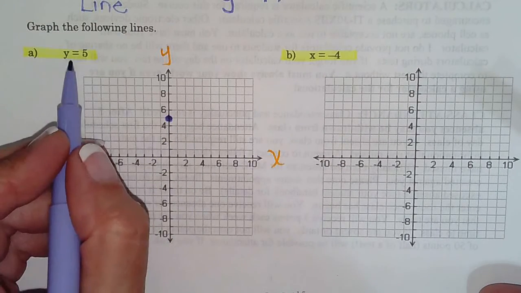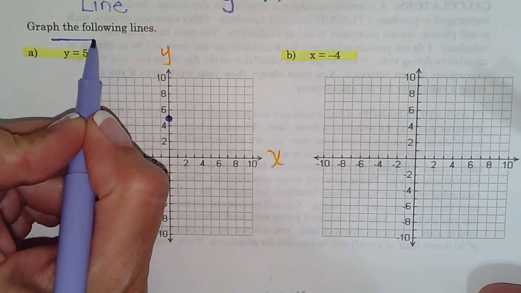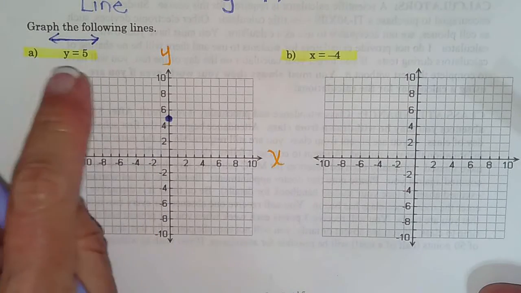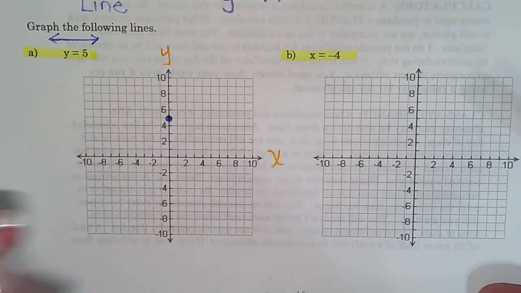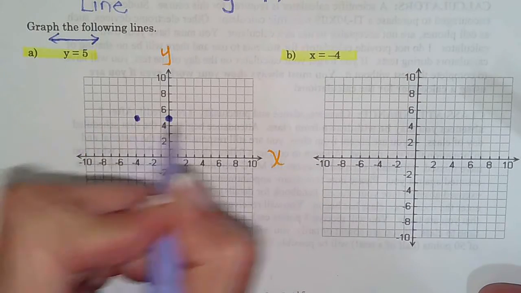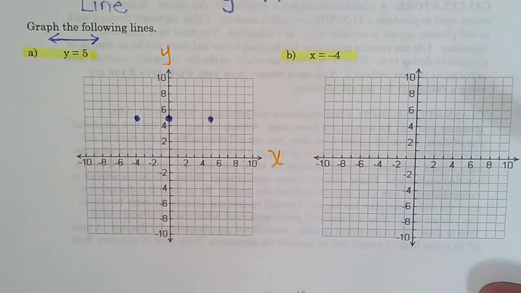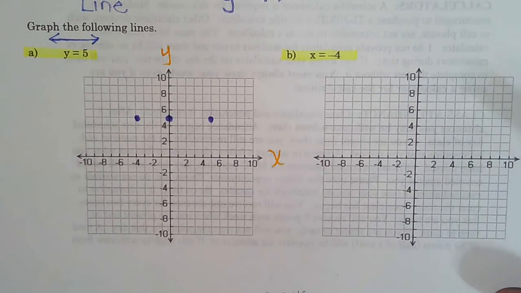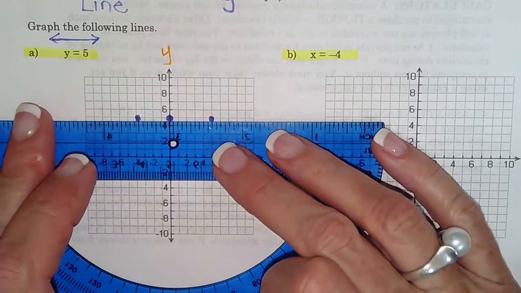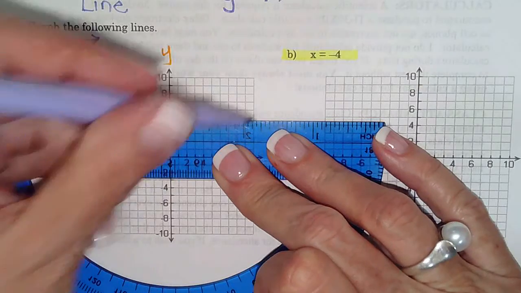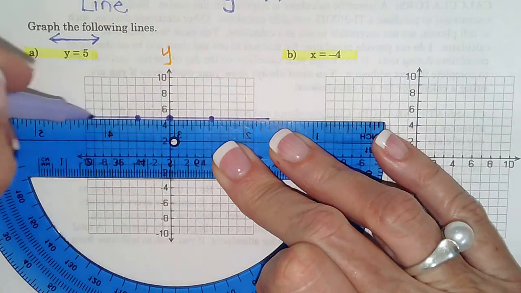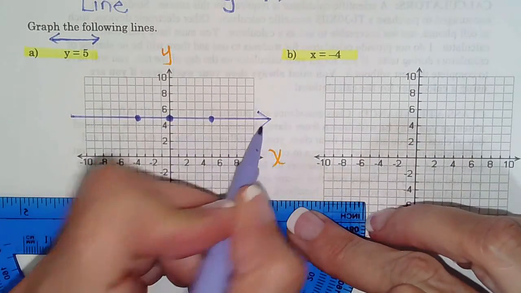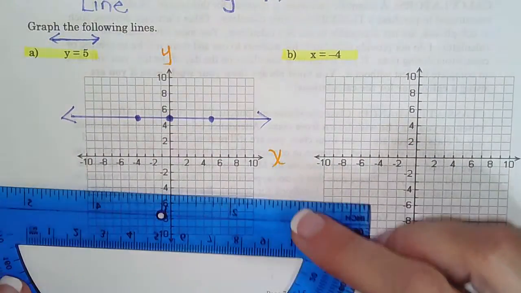So since we know it's horizontal, because it only goes through the y-axis, because there's only a y, I could just pick random points. Pick this one and pick that one. And just click on those in Alex, and then you have your points. I mean, in real life, you don't have to do any points. You can just draw the horizontal line, but you have to play the game with the computer.